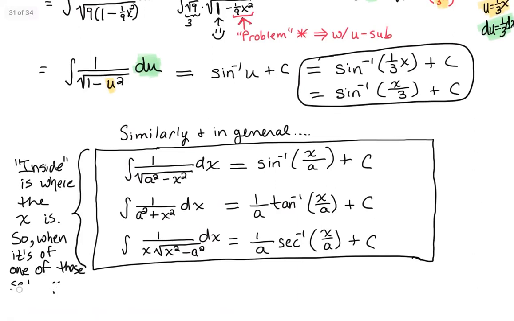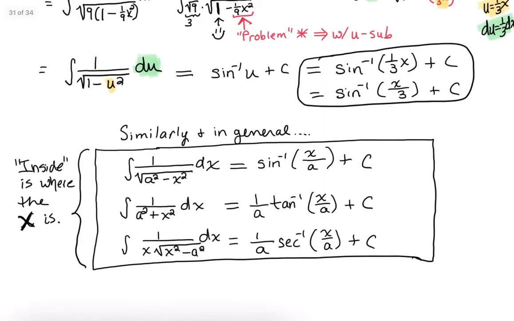I'm going to stop my writing with just saying the inside is where the x is. And let me just verbally say then, if in that location you have more than just a plain old x there, you're going to need a U-substitution. Okay, so the inside is where the x is, and that x needs to just be a plain old x in order to use one of these formulas directly.